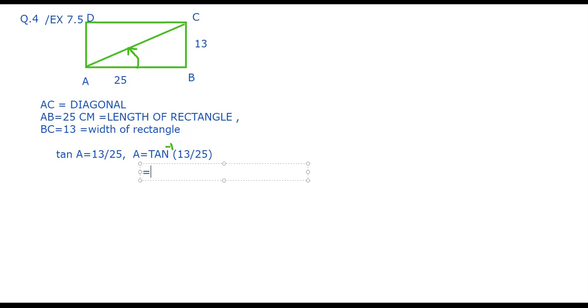If we calculate it, its value will be 27.47 degrees. So this will be the required angle between the base and the diagonal. The answer will be in degrees, so you can simply place the degree symbol right there, and this will finish the question.